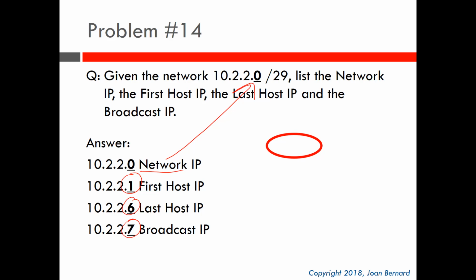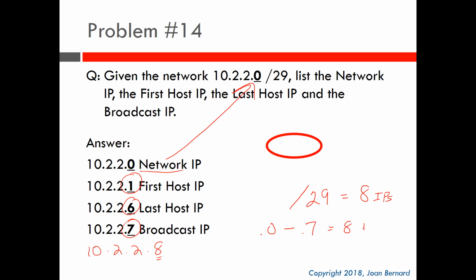Now, one thing that happens frequently when students are learning to subnet is they think that that broadcast should be 10.2.2.8. They want that to be the broadcast. Remember that a /29 has 8 total IP addresses. So when you start counting with 0, right, 0 through .7 is 8 digits.